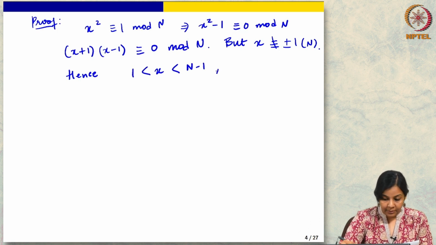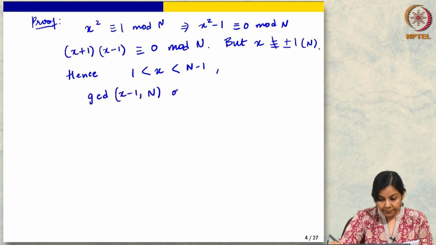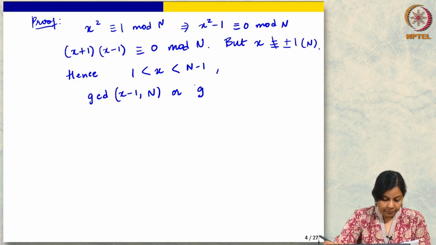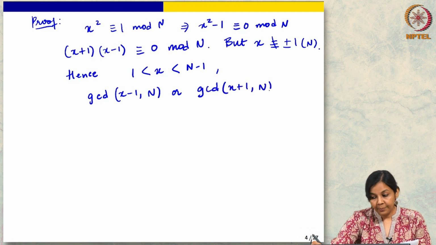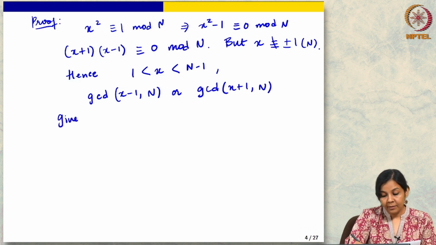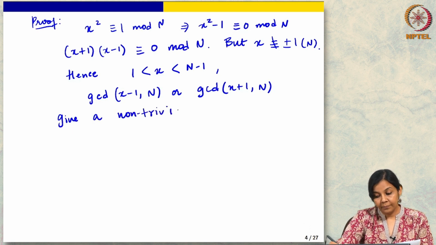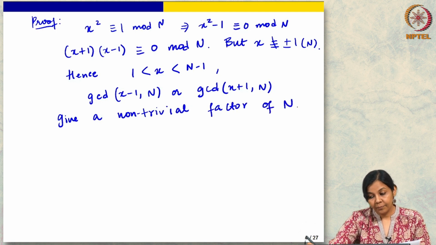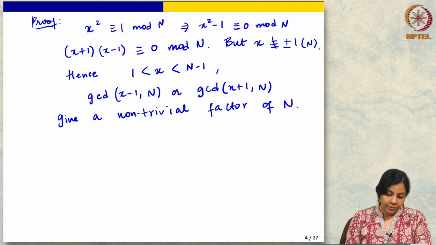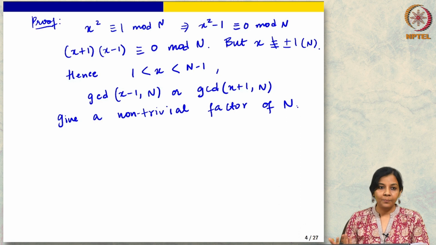So, GCD(x minus 1, n) or GCD(x plus 1, n) give a non-trivial factor of n. And why is this procedure efficient? Because we are just computing GCD and we know how to do that using Euclid's algorithm.